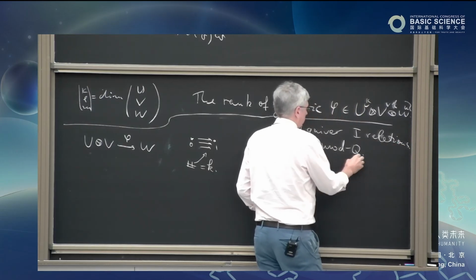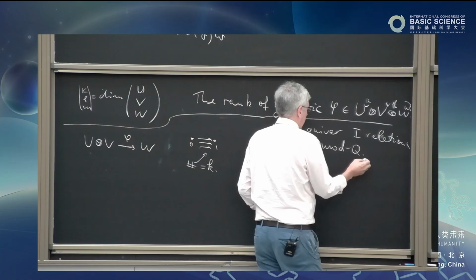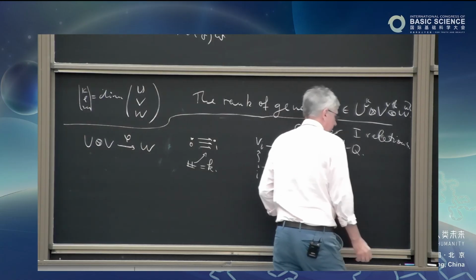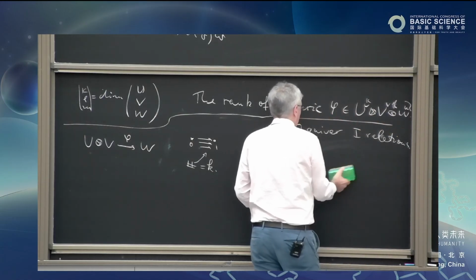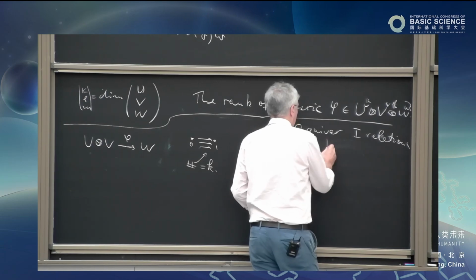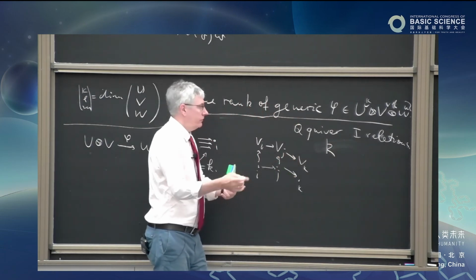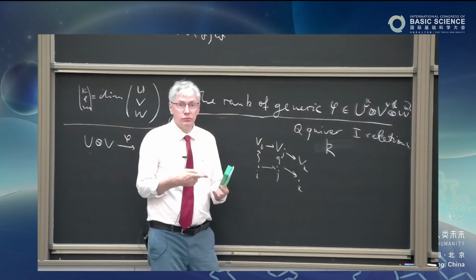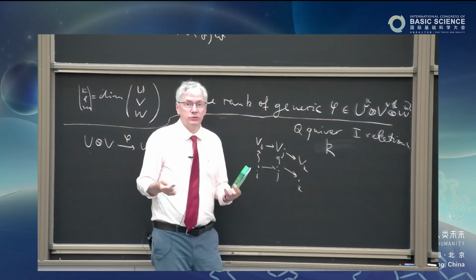Then mod Q. So we can consider the algebra, which is the path algebra of the quiver, meaning you consider all paths and the obvious composition of paths if they compose, and if they are not composable, then you just assume them zero.